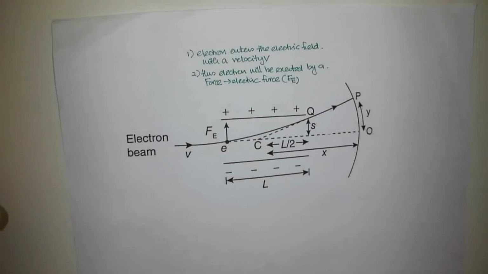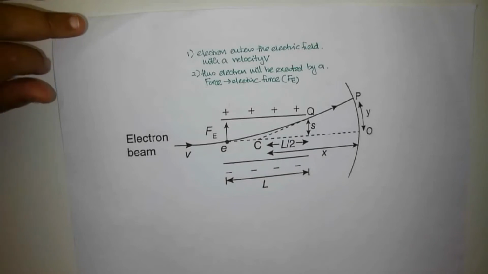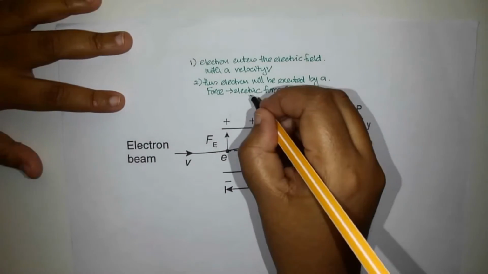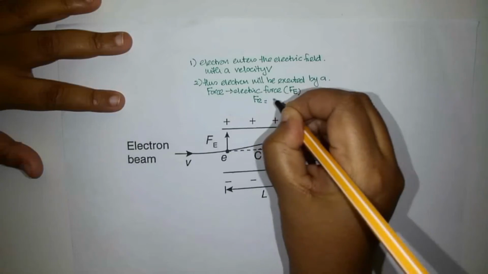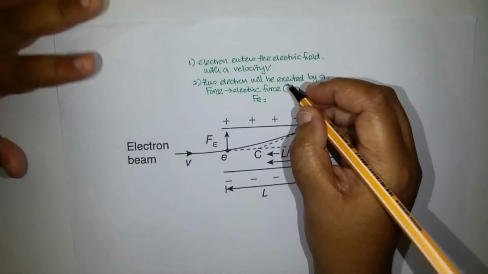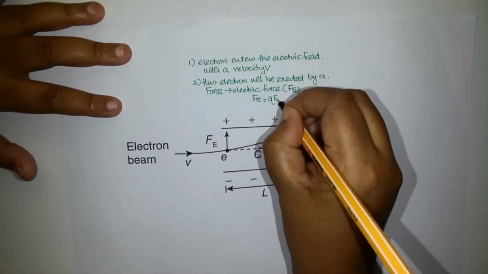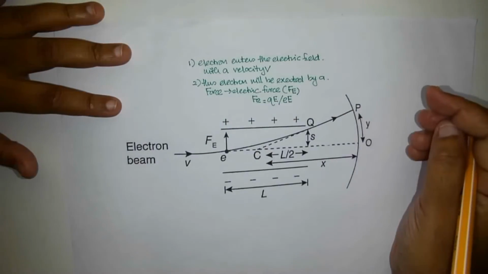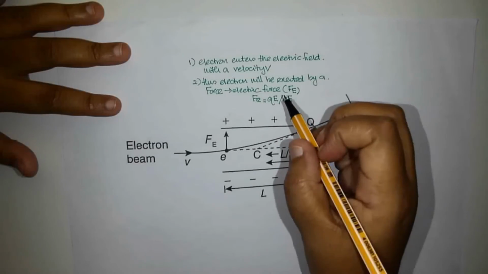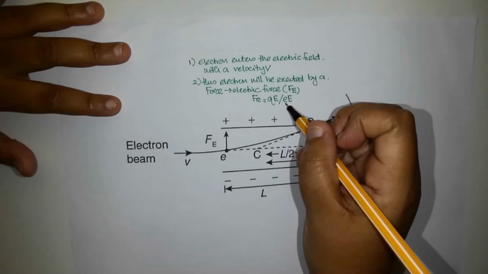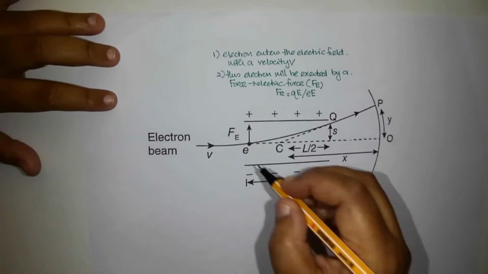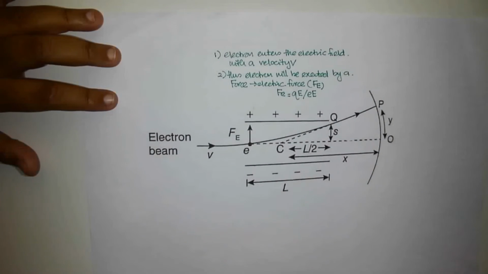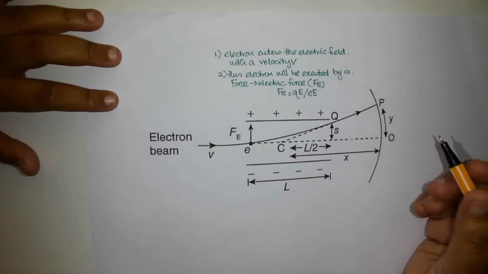And we know Fe equals QE. Q means I already consider this as a negative charge, or if you want to be very precise, you can also put small e. So the only force exerted upon the electron is an electric force.